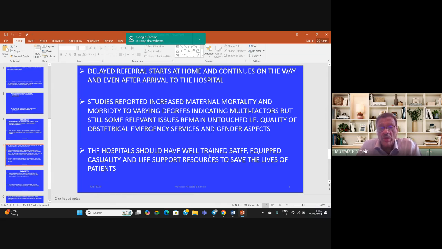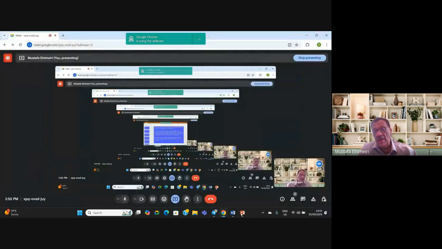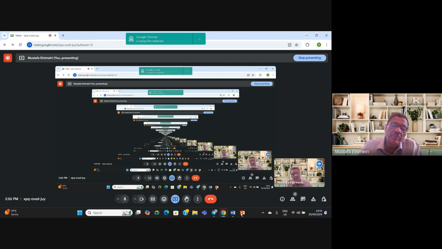The hospital should have well-trained staff, equipped casualty, and life support resources to save the life of patients. So we can observe that in the first two lines, we have stated clearly the problem, and then in the three paragraphs, we have added elaboration for the problem to facilitate understanding of the problem statement.